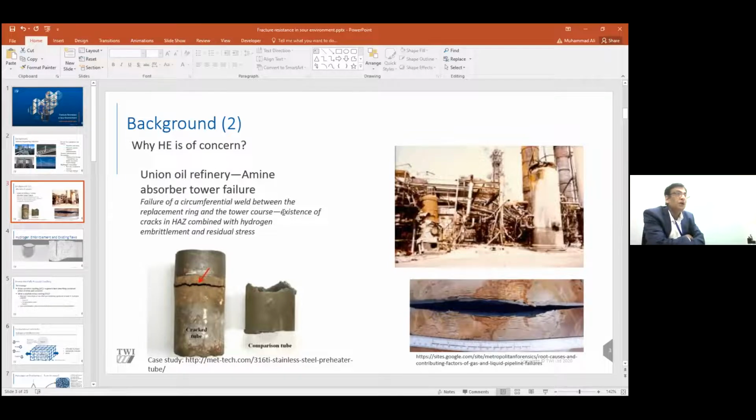The most prominent one was the failure of an amine absorber tower in the Union Oil Refinery. That was one of the most important examples in history where failure occurred as a result of hydrogen embrittlement. There are several other studies on stress corrosion cracking or cracking due to hydrogen embrittlement.